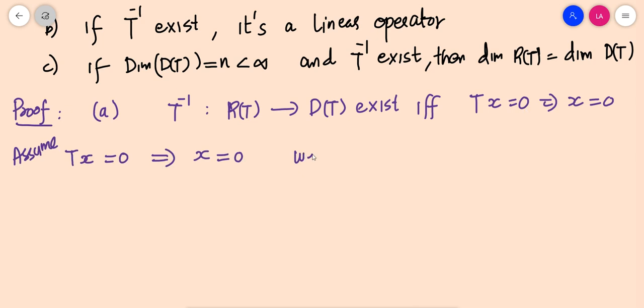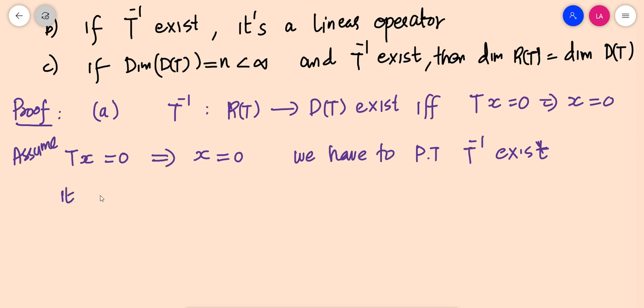We have to prove that T inverse exists. For T inverse to exist, it is enough to prove that T is actually one-one, because T is defined from D(T) to R(T).